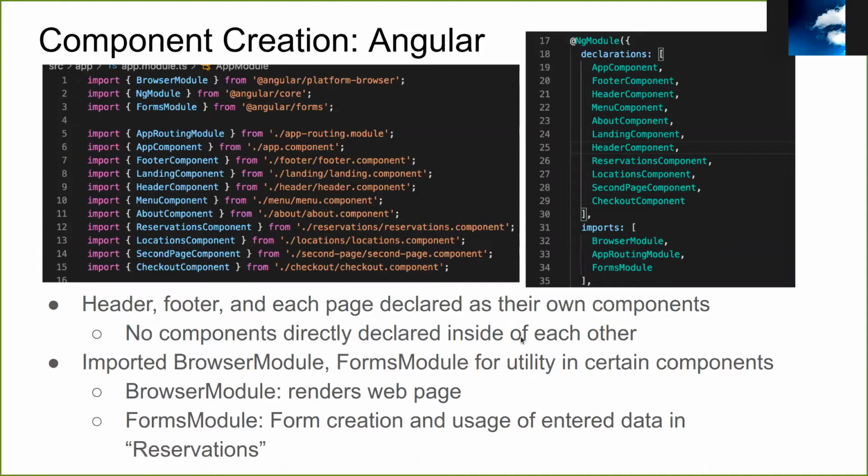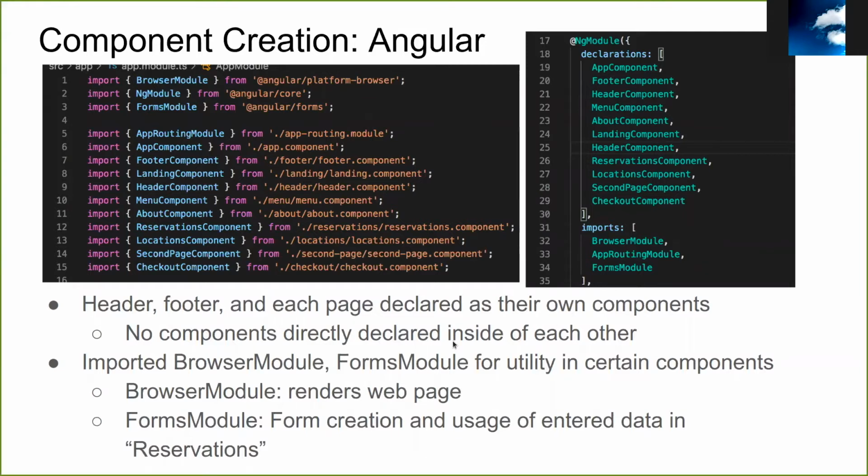And even though we did pagination for the reservations page, where there's first a reservation order page and a confirmation page, we didn't directly declare any of the components inside of one another, as you can see by the screen grab.